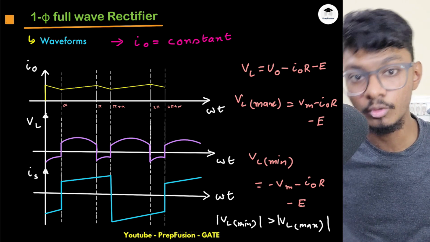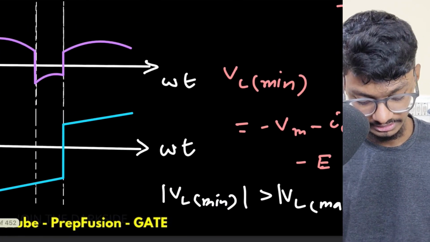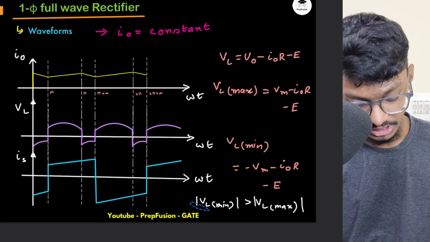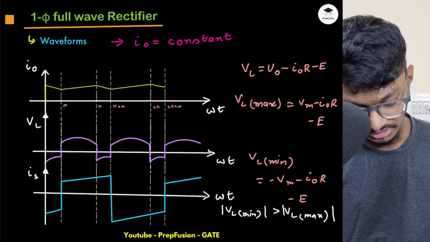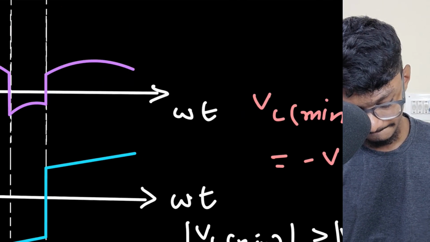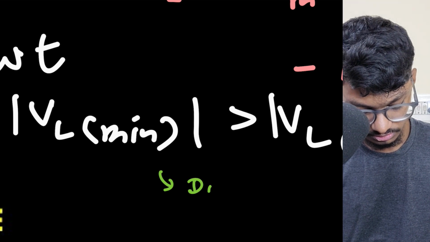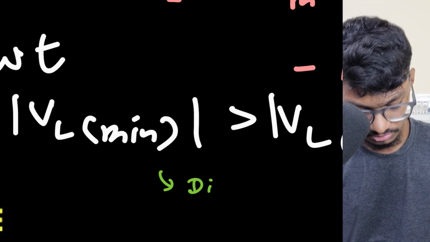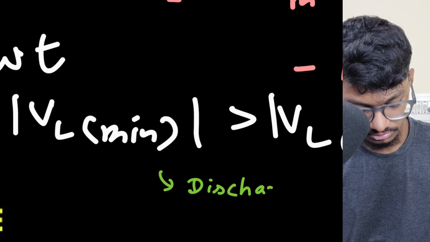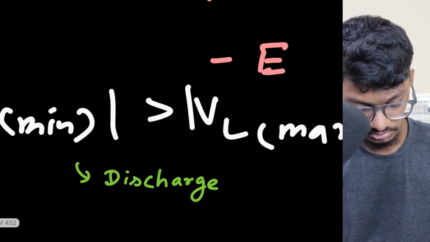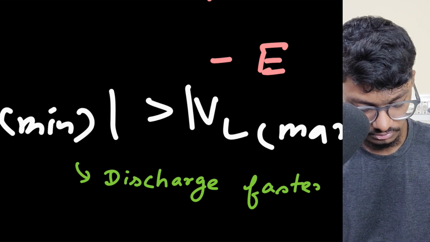So it will be more negative, the magnitude will be greater, and it will discharge faster. So you can understand from here why it is discharging faster.